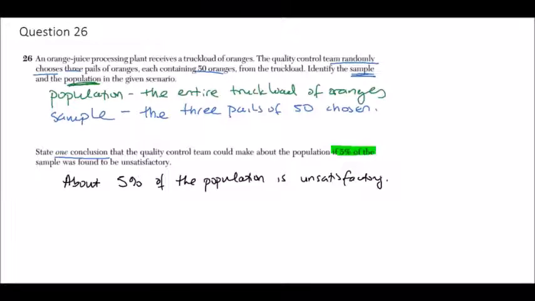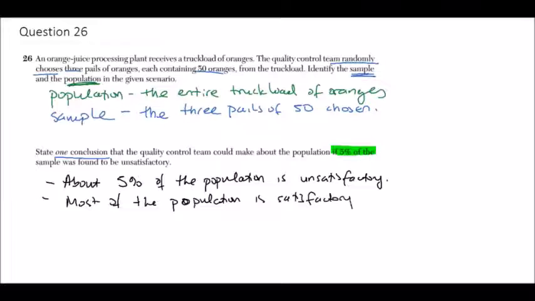Now, since this question is really general and is asking us literally to state one conclusion, we could draw any of a number of conclusions here. We could say most of the population is probably good. We could say most of the oranges in the truckload are good.